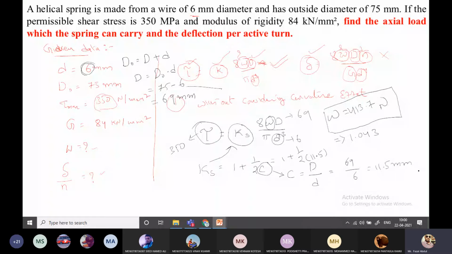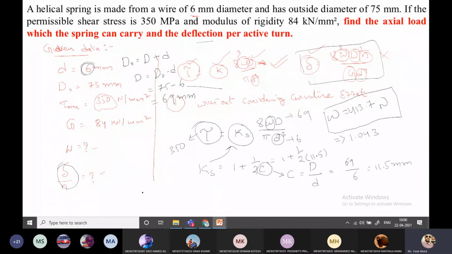So this is the first procedure, without considering the curvature effect. Here is the axial load we calculated, and the other question is deflection per ton. Here I have already written deflection per ton. For deflection per ton, we have to select this equation.